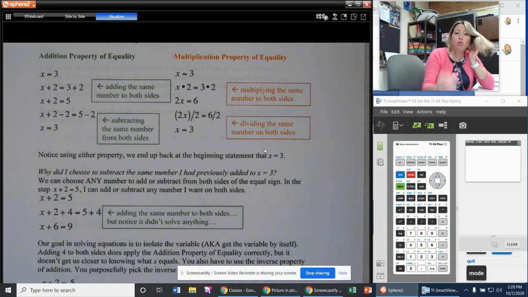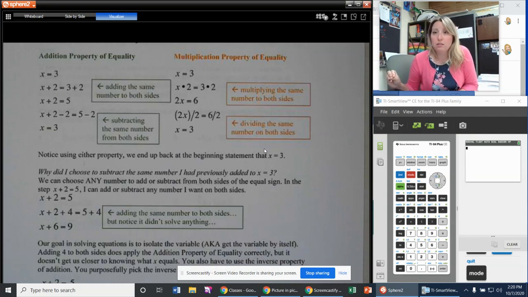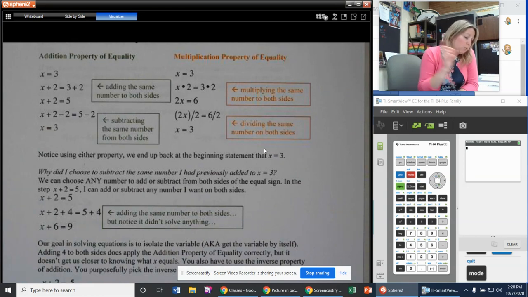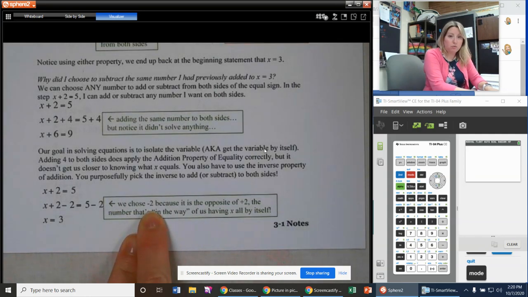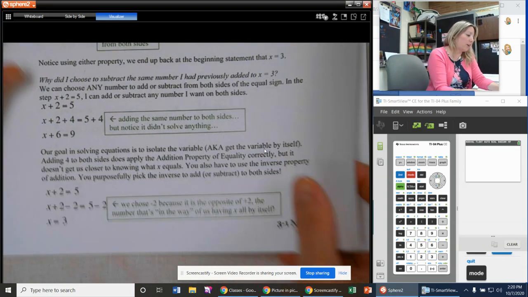I could choose any number to add to both sides, but it might not get me to my goal of getting my variable alone. That's what I'm showing you throughout here. And that's why I'm saying it right here. We chose to do -2 because it's the opposite of +2. That's us getting our variable alone.